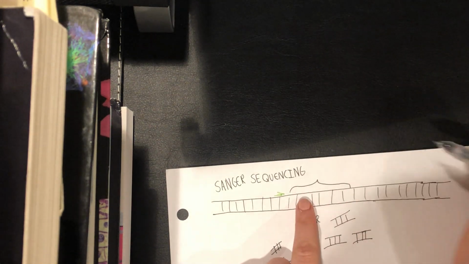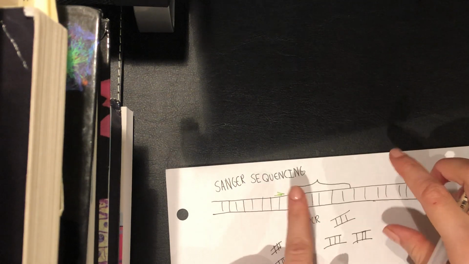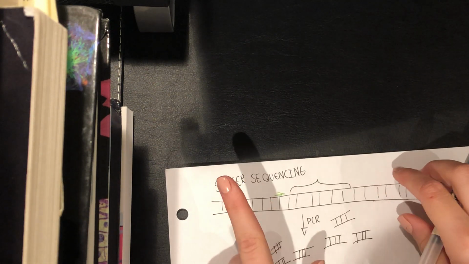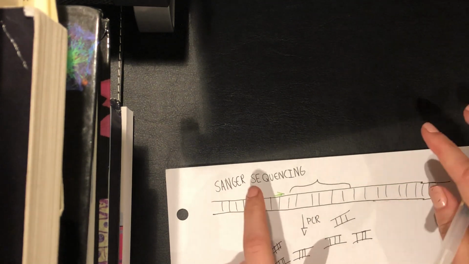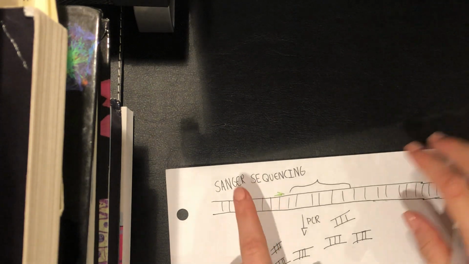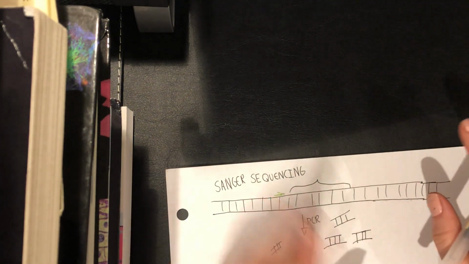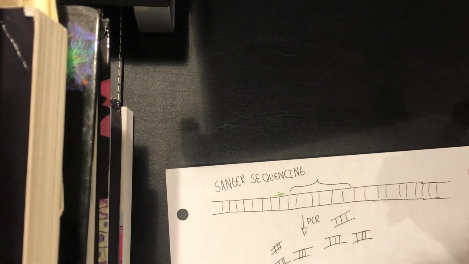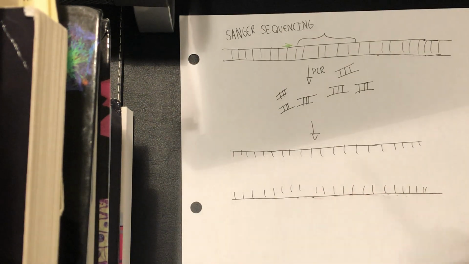And so the thing though is that unlike PCR where you use left and right primers, in this case you're only going to be using a left or a right primer, not both. Again, the reason will be clear in a little bit, but you only use either a left or a right primer, not both. PCR uses both primers to amplify the DNA. Okay, so you're going to need primers.